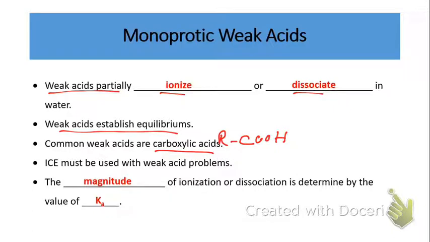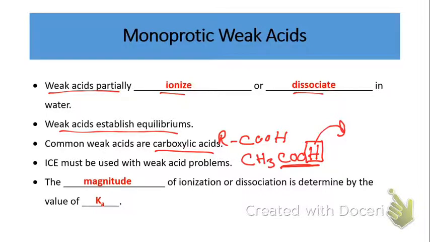So you could have something like CH3COOH, where that is the carboxylic acid group bonded to the CH3 group. What makes the carboxylic acid acidic is it has one acidic proton right there, and that can be transferred to the base.